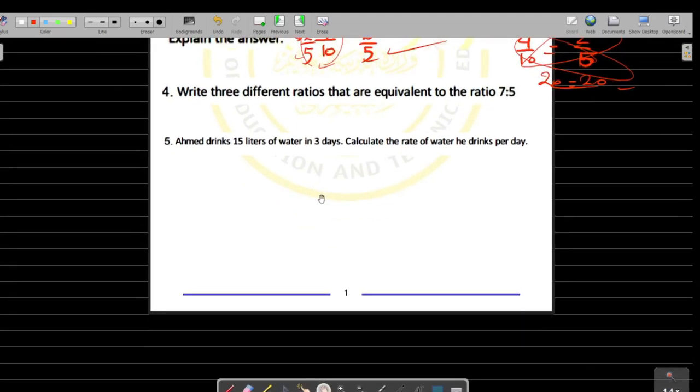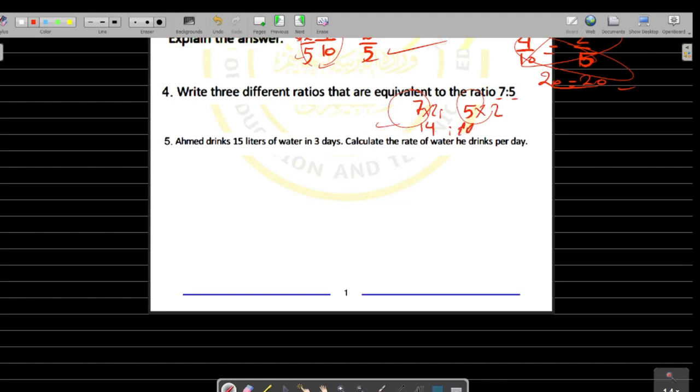Fourth question: write 3 different ratios that are equivalent to 7 to 5. If they are equivalent, you multiply both the first term and the second one by any same number, like 2. It becomes 14 to 10.